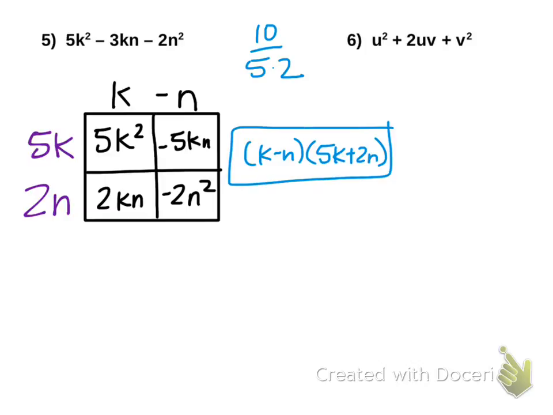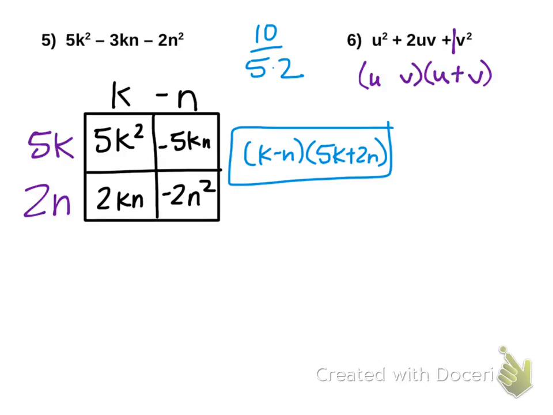All right, last but not least, here we don't have to use the box if you don't want to. I'm finding factors of 1, because that's what's in front of here. That's just going to be 1 times 1, and those are the only factors of 1 anyway. So here's what this one's going to look like. I have u and u, and then v and v.